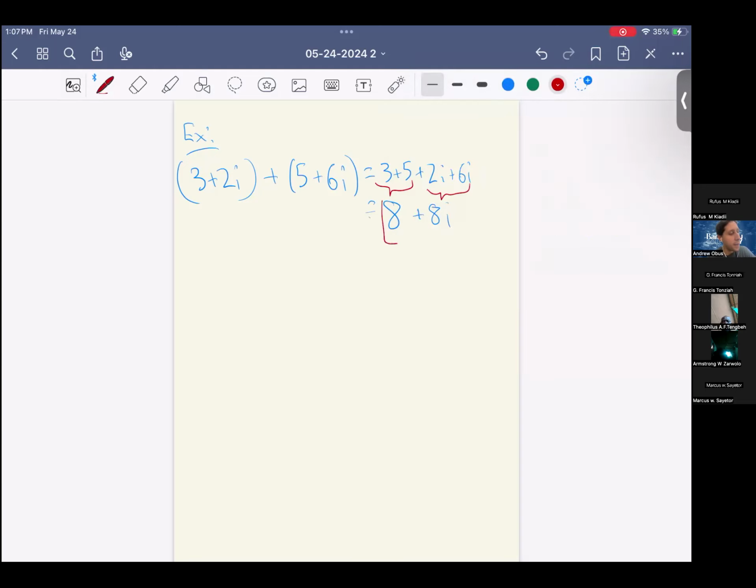So when we add these together, we get 8 plus 8i. You just do addition the standard way. What this really means is we add up the two real parts to get the real part of the new number, and we add up the two imaginary parts to get the imaginary part of the new number. So this is addition.